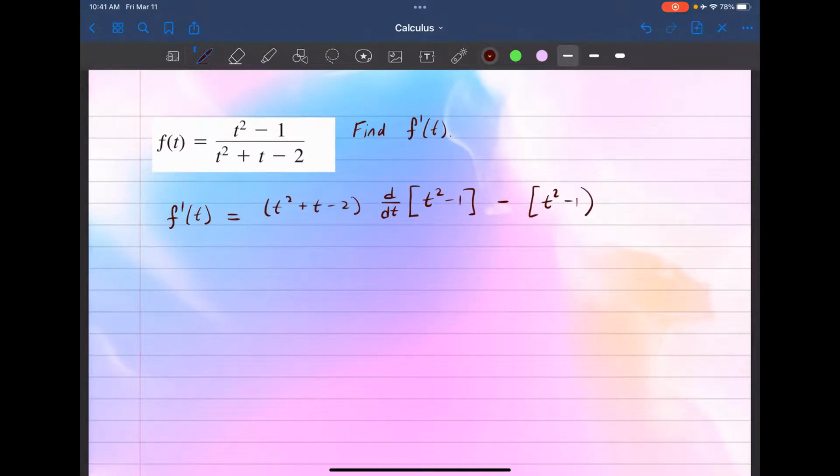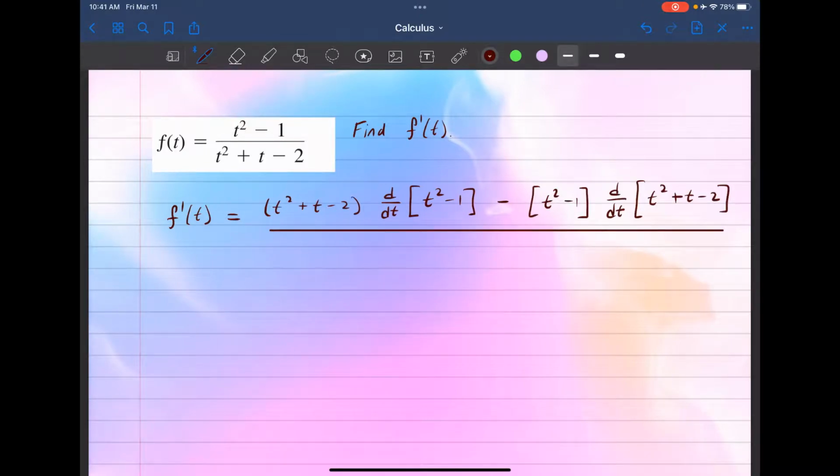And we're going to differentiate the bottom function, with respect to t, that is t squared plus t minus 2. All over the bottom squared, that's going to be t squared plus t minus 2, squared. So that's the setup for the derivative using the quotient rule.